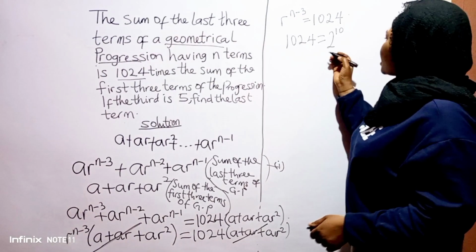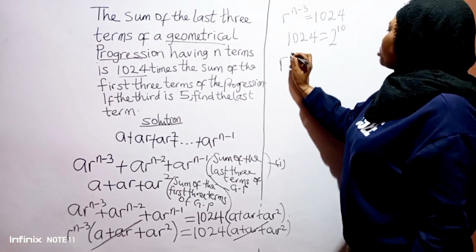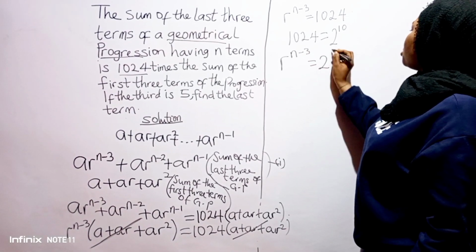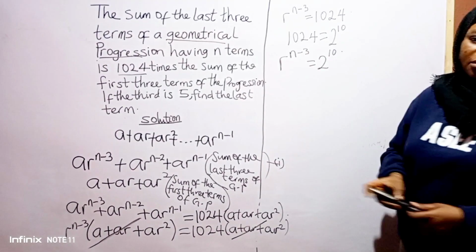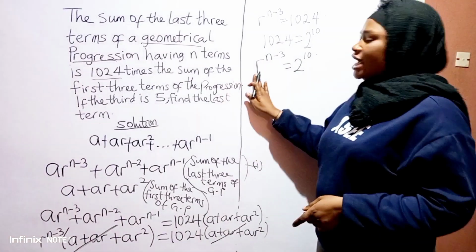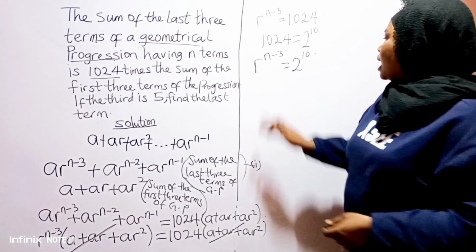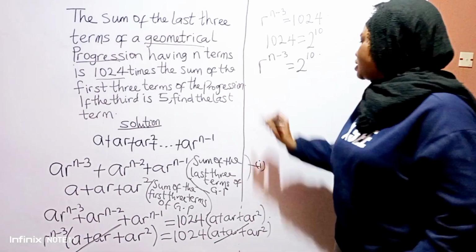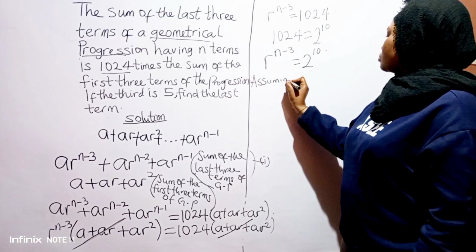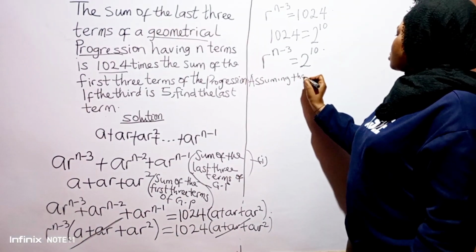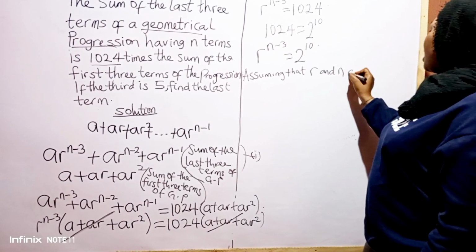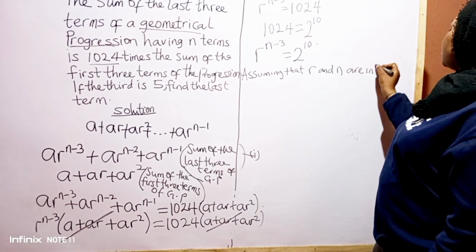So from here I can say that r raised to the power of n minus 3 is equal to 2 raised to the power of 10. So we can assume that r and n are integers.